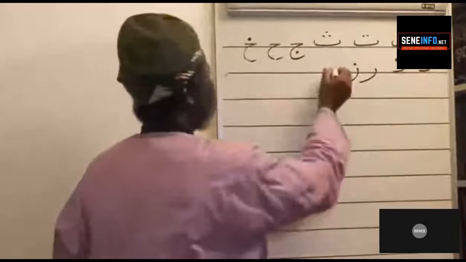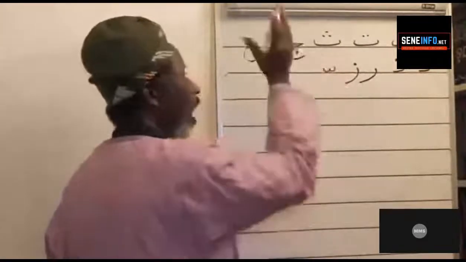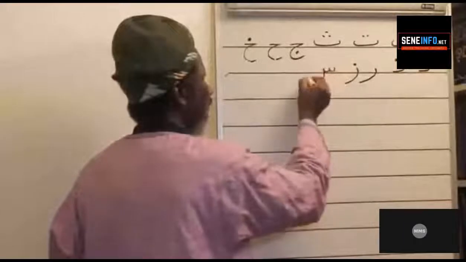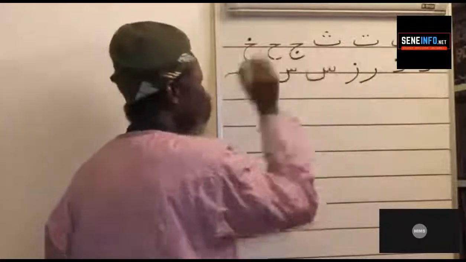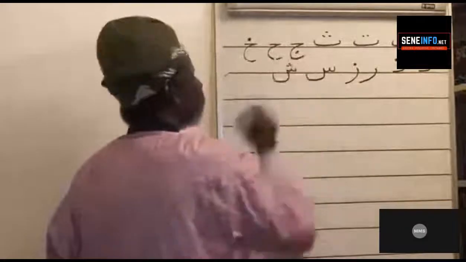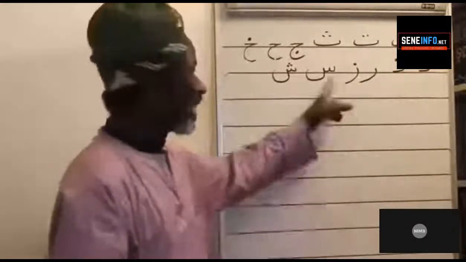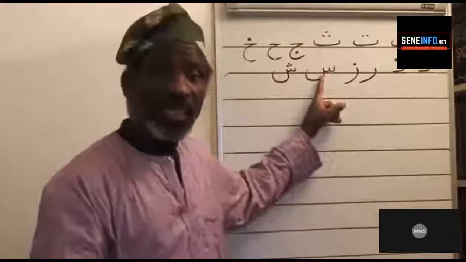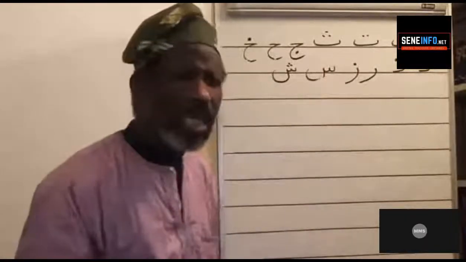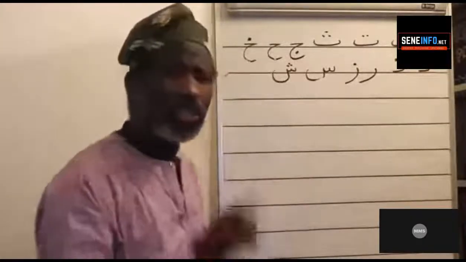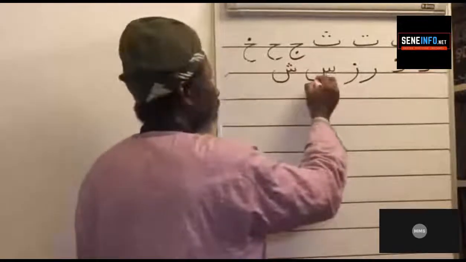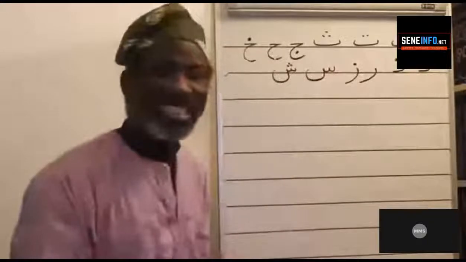What's this family? This family is like a number 3 looking up, with a tail. The first one, no dots. The second one, 3 dots. So you have seen. I can see. Seen is to believe. The second one, sheen.